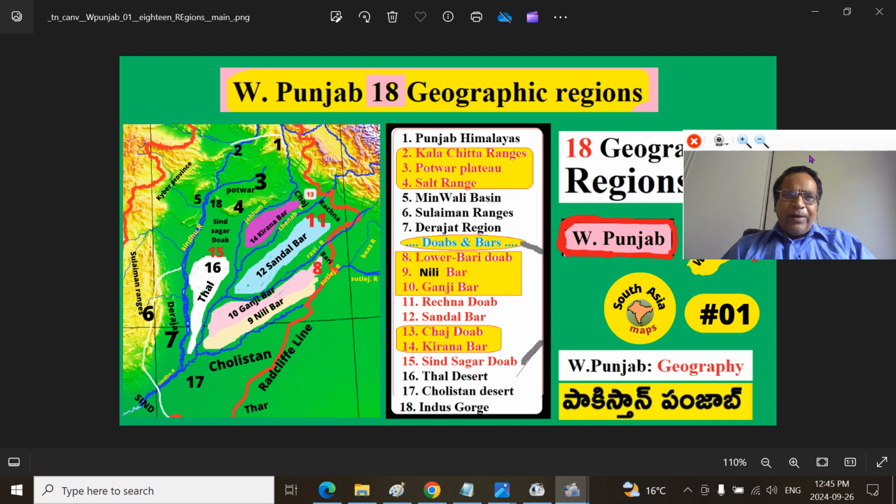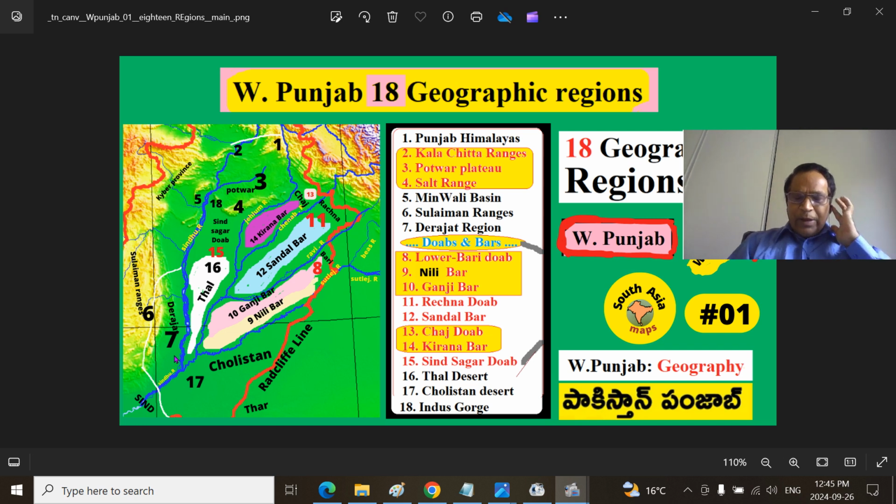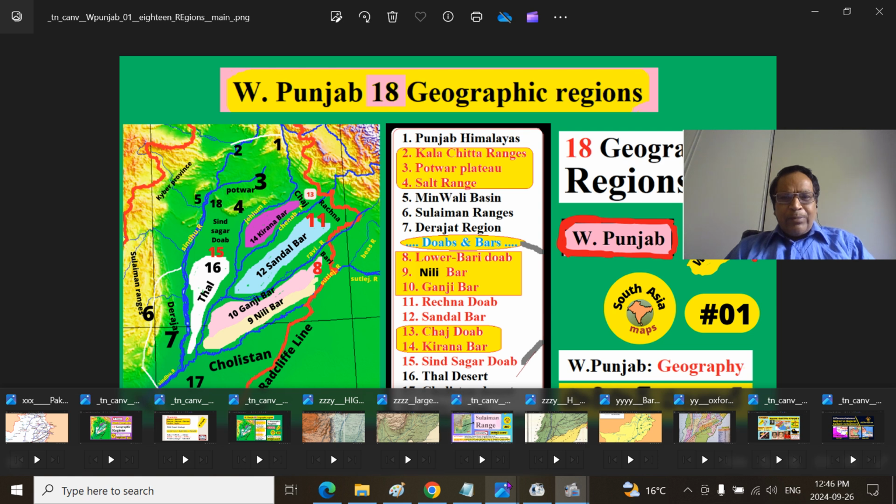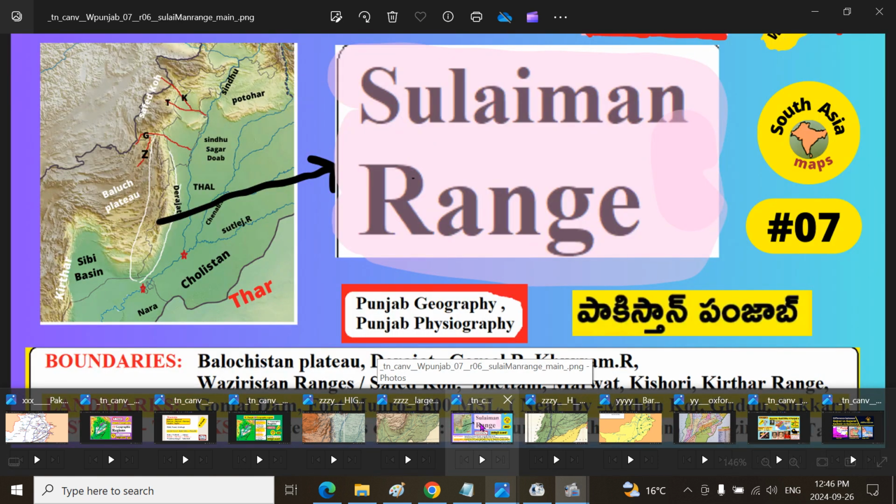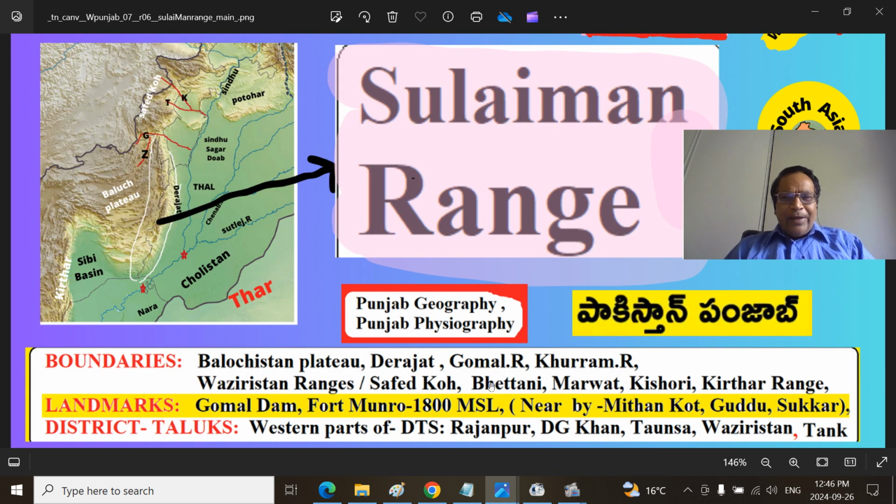Today we are looking at this particular part, 6, Suleiman ranges. If you keep this map in your memory, and what the adjoining regions are, how they correlate with each other will be very clear. That's why I am putting this map again for you. Here I'll be reading over and we will actually look at them. I have put some whited area here.